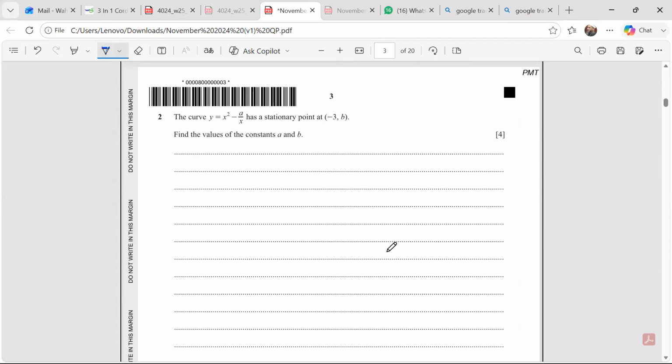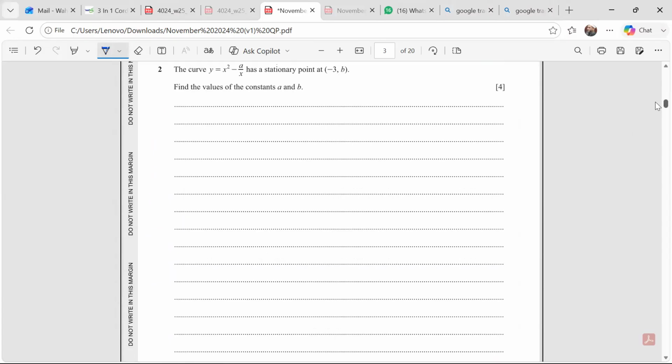The curve has a stationary point over here. Find the values of the constants a and b. So we are given a curve y equals x squared minus a and x power minus 1. I can write it like that. So it has a stationary point over here, right?